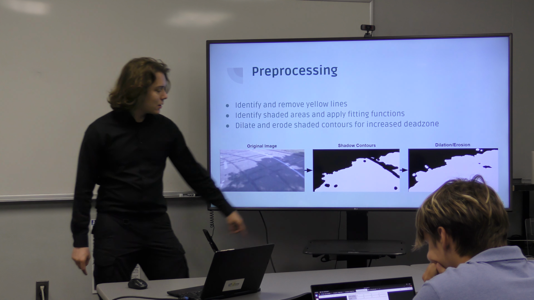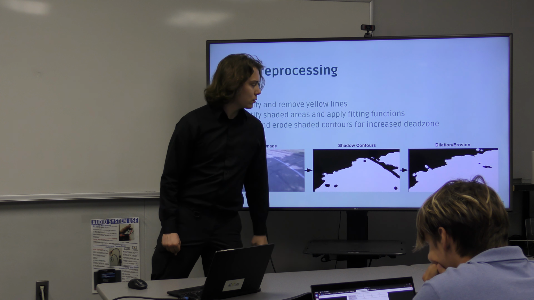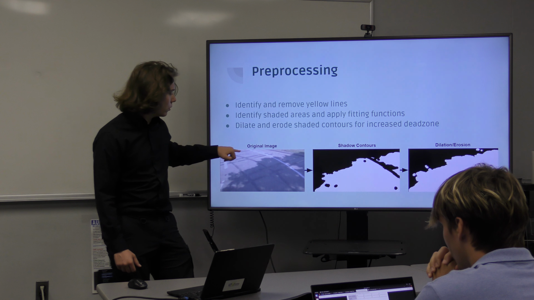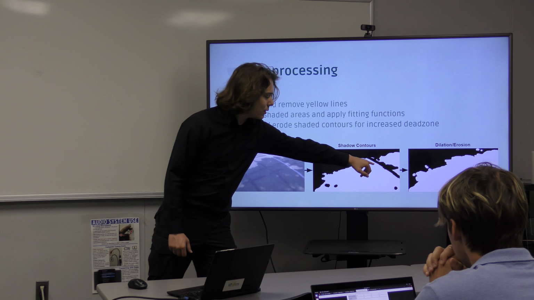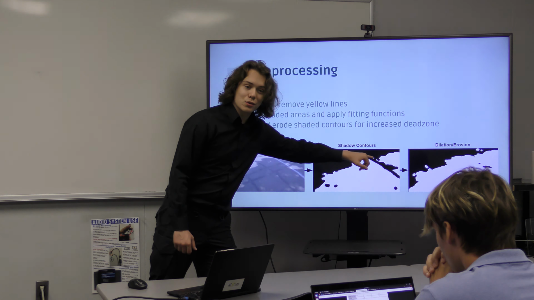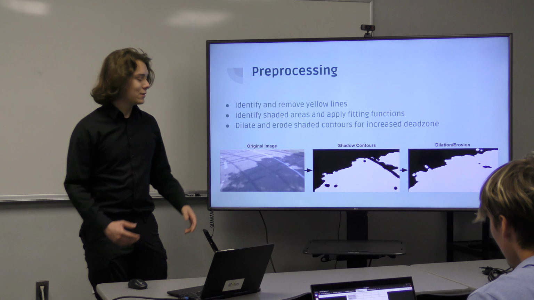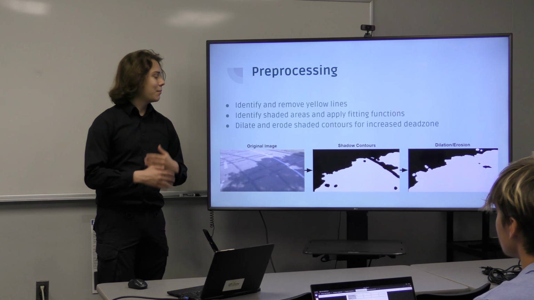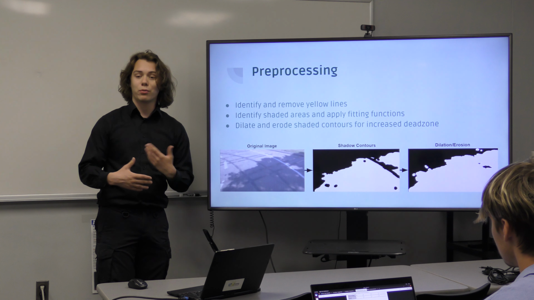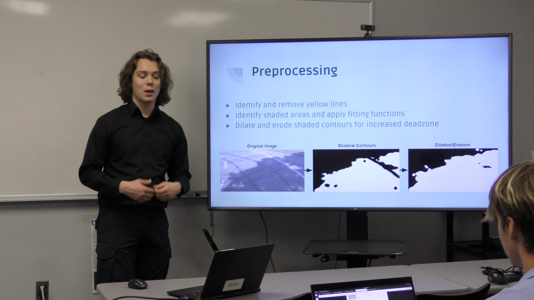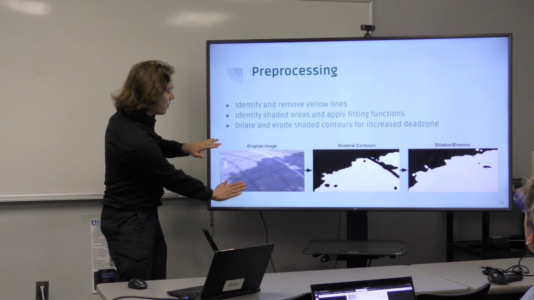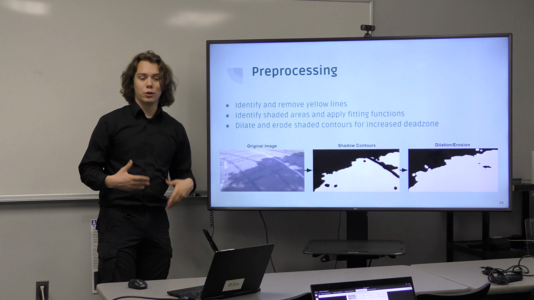It then dilates and erodes against those shadows to give you a more uniform area of where the shadow actually is. So you can see right here is the white line that we're looking for. The white lines don't necessarily always get included in that shadow as they are of higher contrast than the rest of the shadow. Dilating and eroding it gives it that line back and allows you to then pre-process it and increase the brightness in order to level out the image more and make it more uniform.